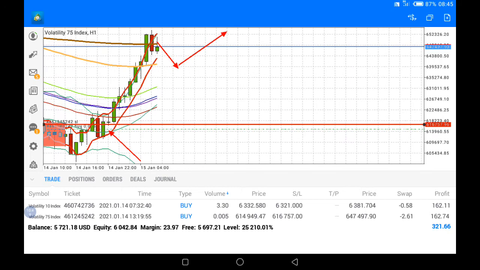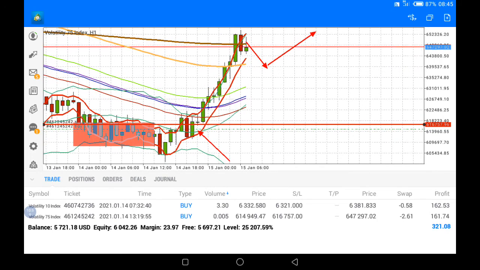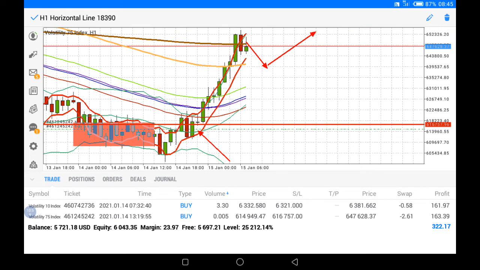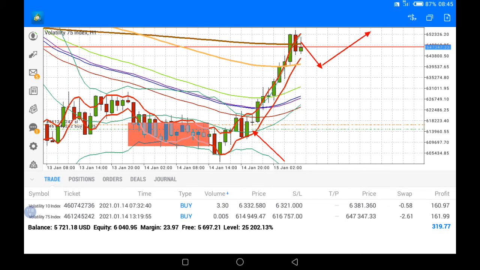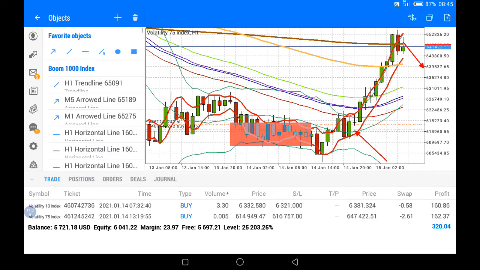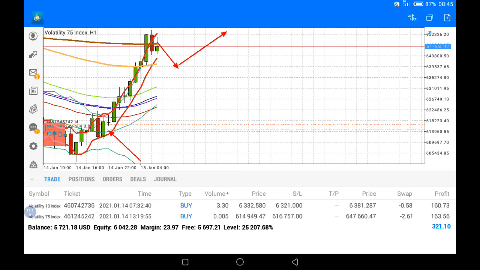So I believe price would test the MA, the yellow line, it would test that level and go back to break the MA 200, or at most it's gonna come and test this green line. It has lots of levels to test, right?